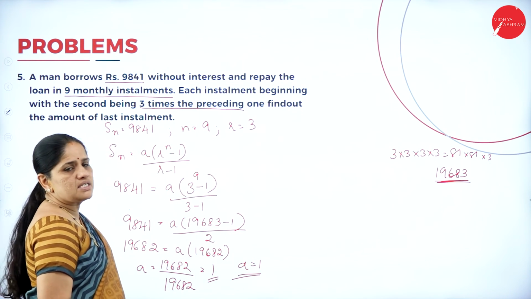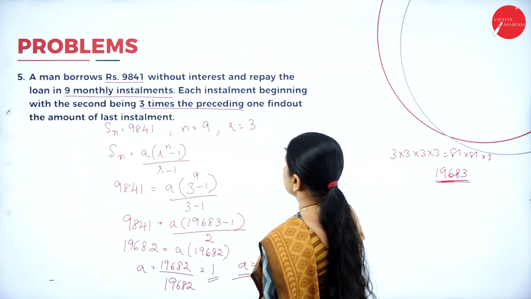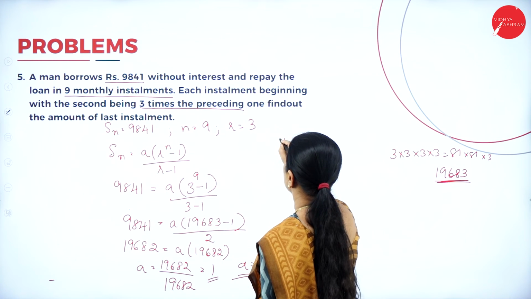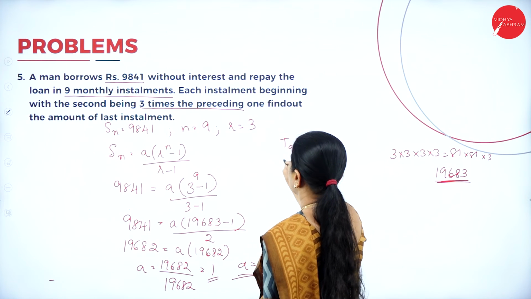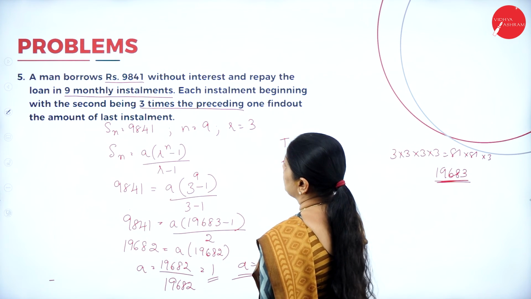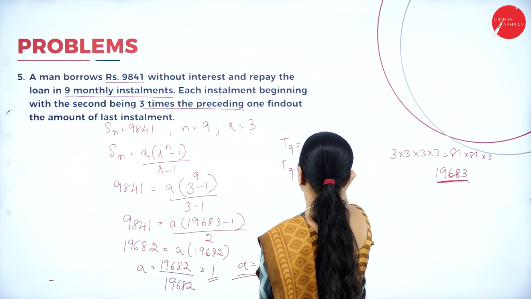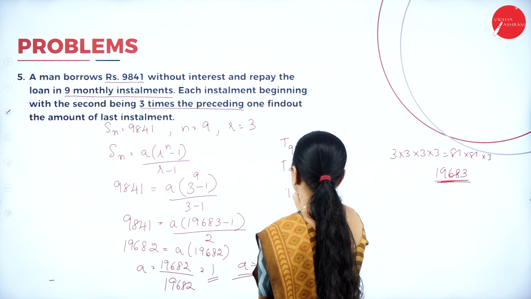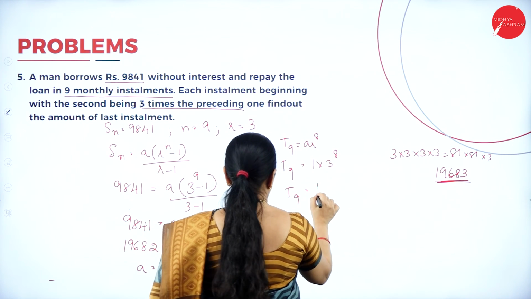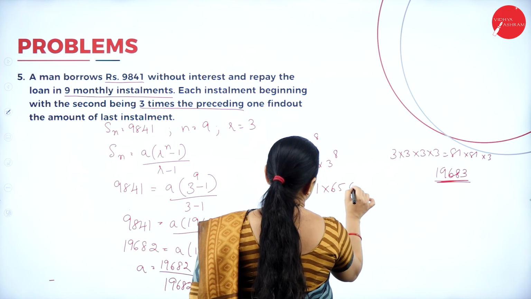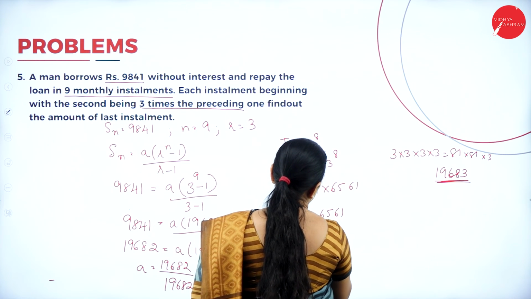So, he has paid just 1 rupee in his first installment, and in the last installment, this will be equal to T9 equals AR to the power 8. So, T9 will be, A is 1 into what is R? 3 to the power 8. So, T9 will be equal to 1 into 6,561.